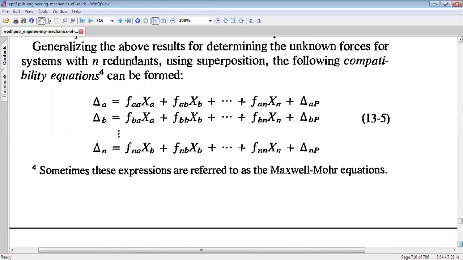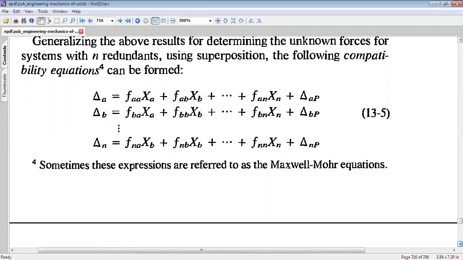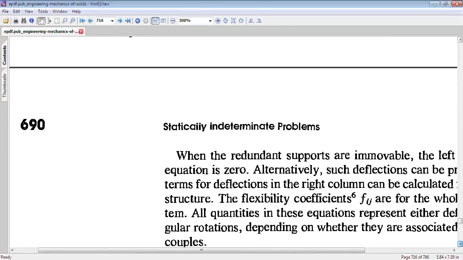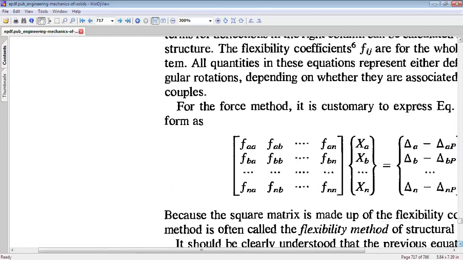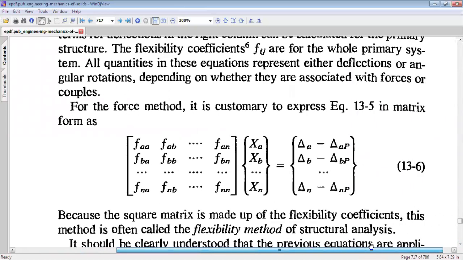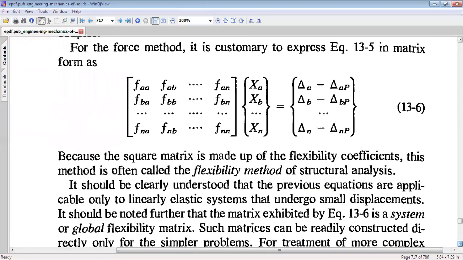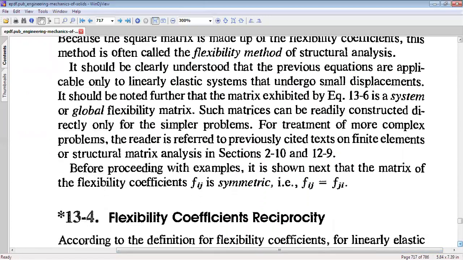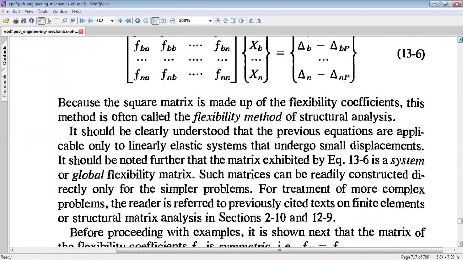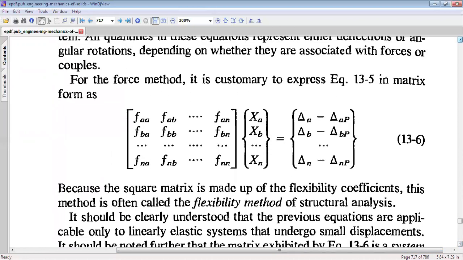This way we can find the compatibility equations, and these equations can then be written in matrix form as in equation 13.6. And this matrix equation 13.6 can be solved for the vector XA, XB up to XN.